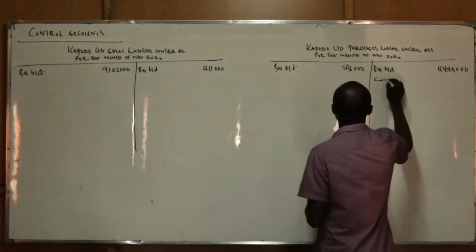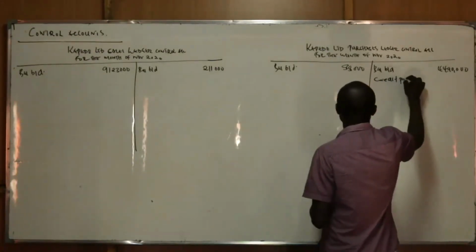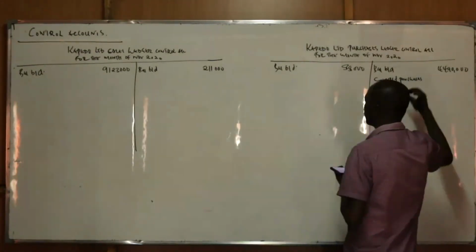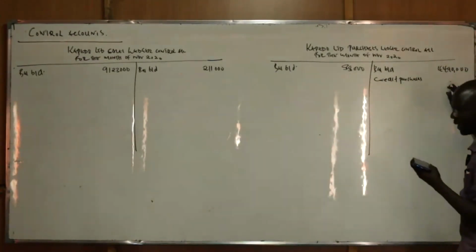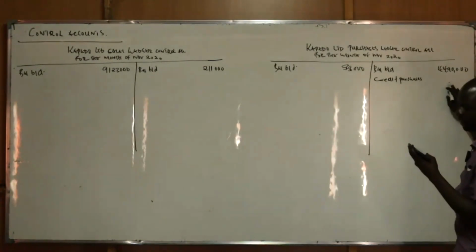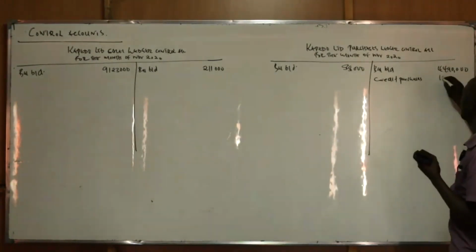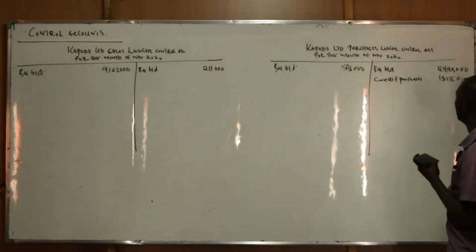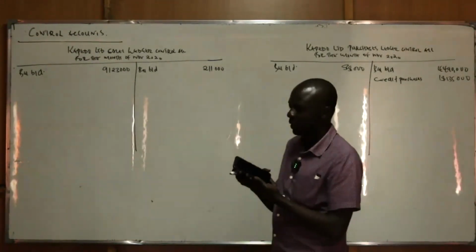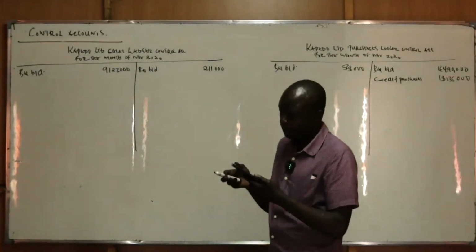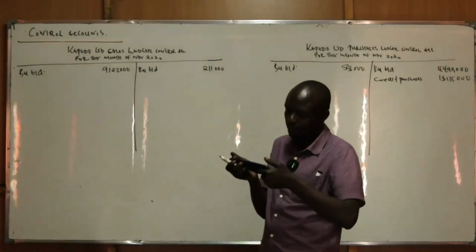When you purchase on credit, you debit the purchases and you credit suppliers. That is how much? 135,000, correct? That is number one. That is where you post. Are we together? We go to the next item.